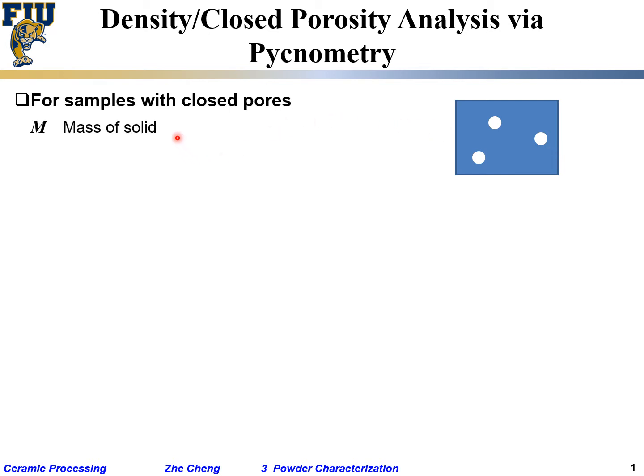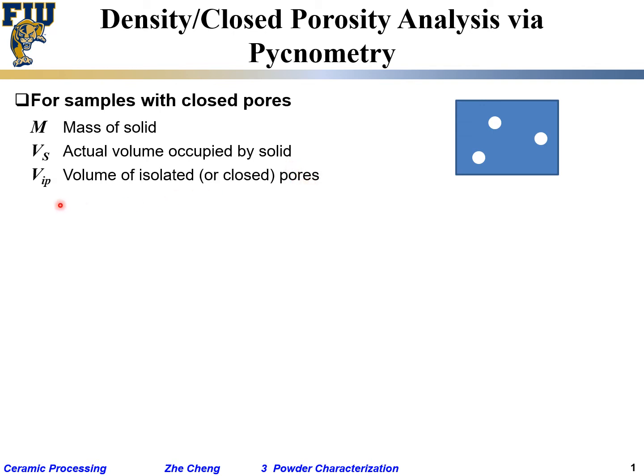little bit. M for mass of solid. V for volume: Vs is the actual volume occupied by the solid, the fully dense part that does not contain pores.